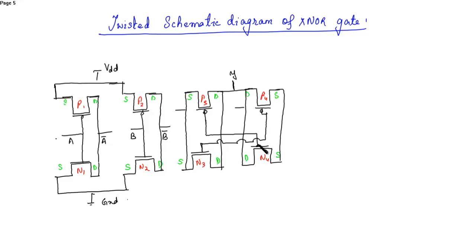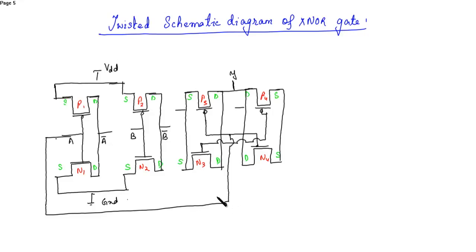Okay, gates are interconnected. The input A is given to this gate, so we'll connect from here to this one.